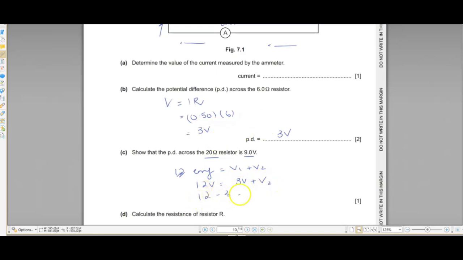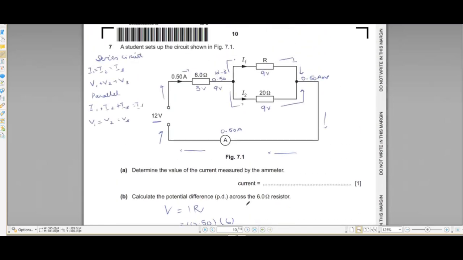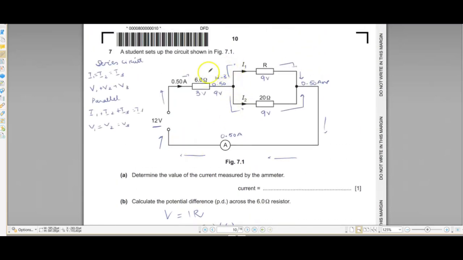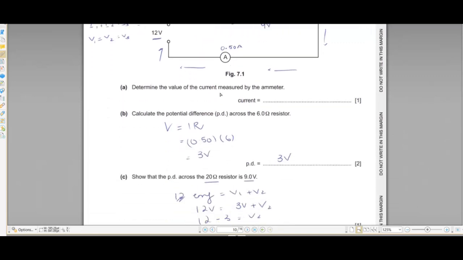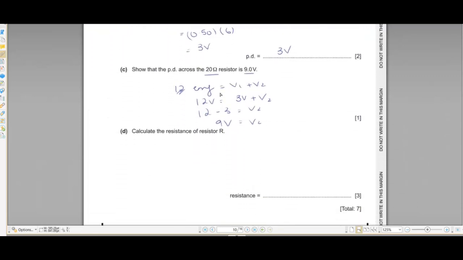So 12 minus 3 is going to give us 9 volts for V2. Okay, the resistor that has a resistance of 20 ohms has a voltage of 9 volts. We've stated that, and you already knew that when we calculated it over here, right? So it became simple for us.